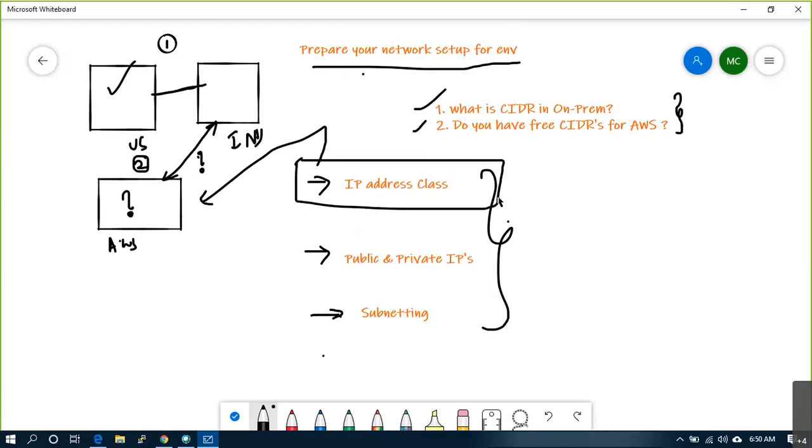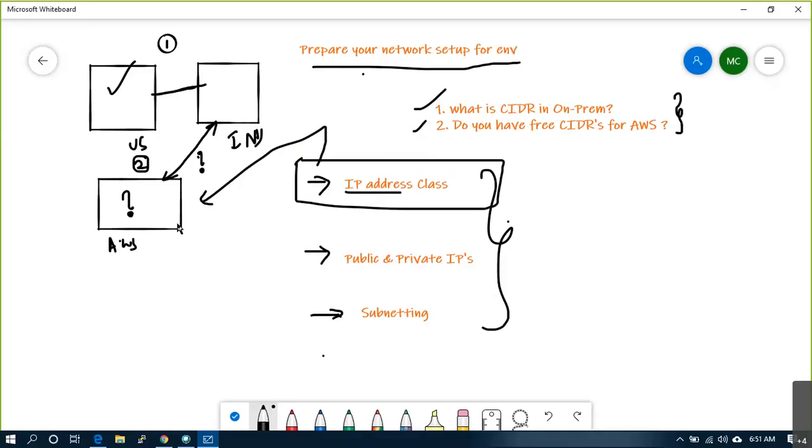So what I can say is, we need to understand what classes are available in your on-premise and what CIDRs are available before I go and create something on AWS.